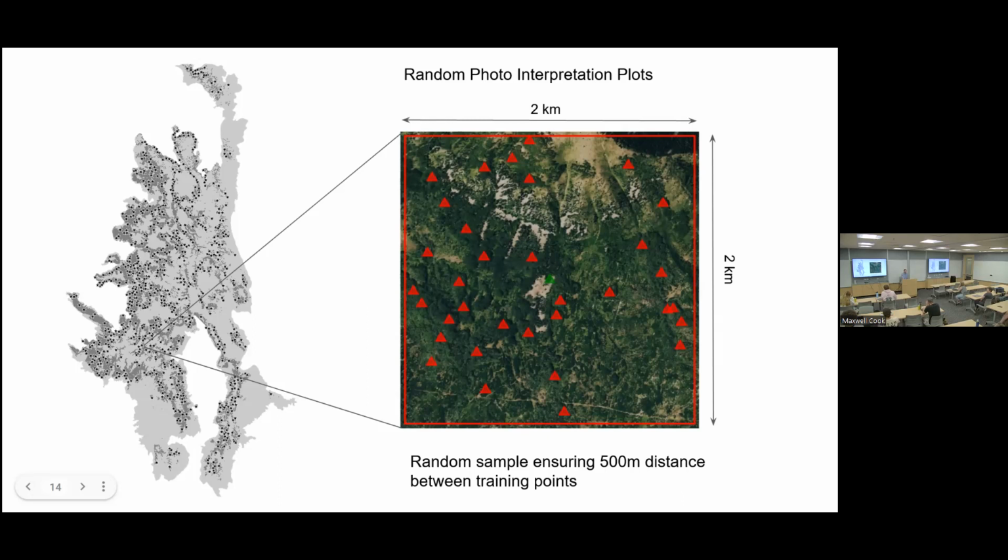And I'd like to understand if you have at some point accounted for this unbalancing. And if not, there are some accuracy assessment metrics that are made for unbalanced models, and they can give a more realistic accuracy assessment.